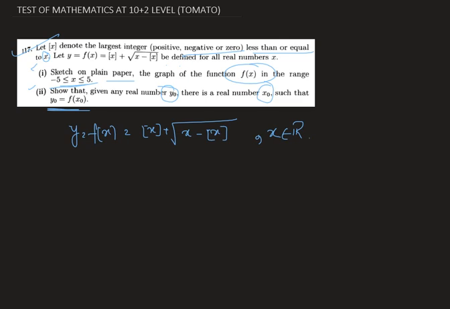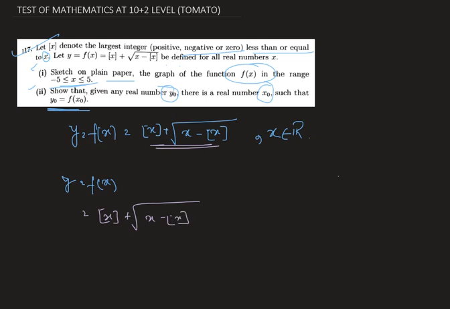Before we start the solution, we need to know one concept. Suppose we have y equals f of x, and the value of f(x) is the given function, that is box of x plus root over x minus box of x.